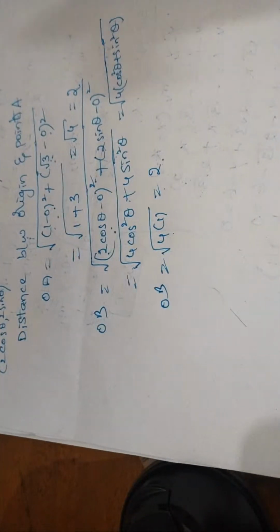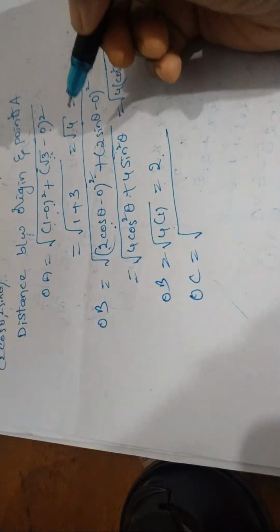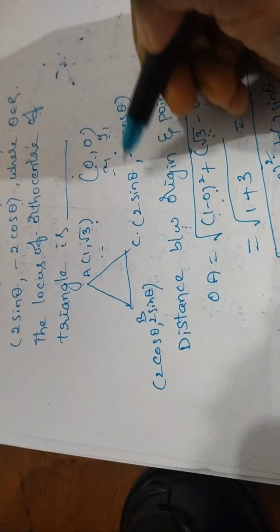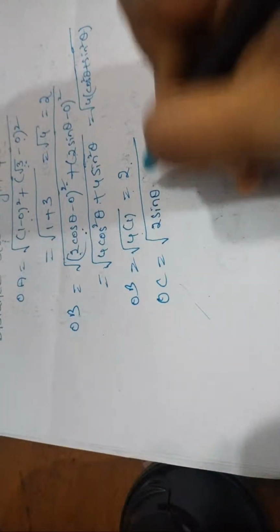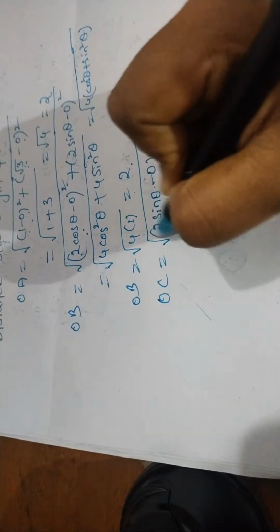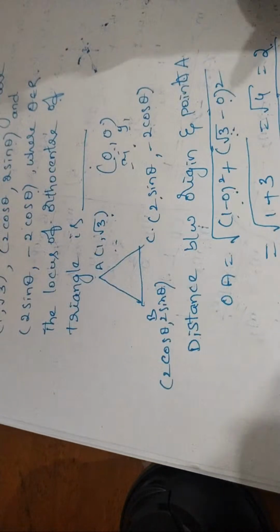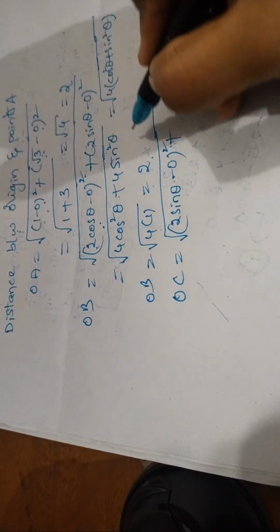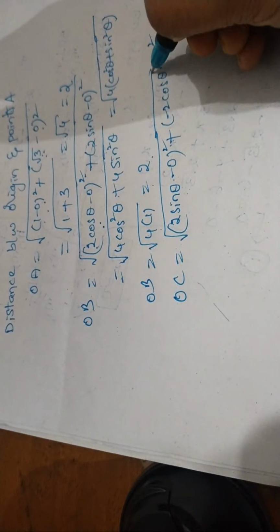Next, the distance between O and C, OC. What is the C point? (2 sin theta, minus 2 cos theta). So the square root of (2 sin theta minus 0) whole square plus (minus 2 cos theta minus 0) whole square.